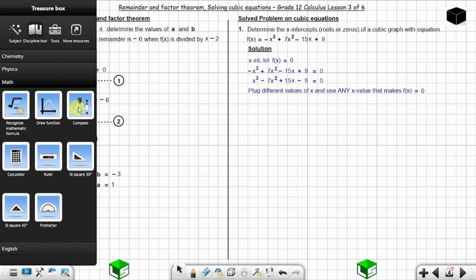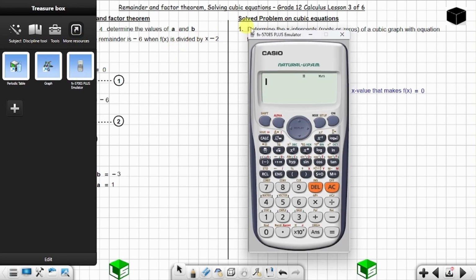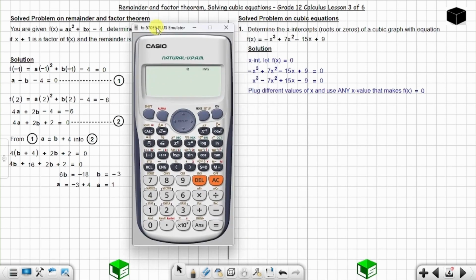Let me use my calculator. So I'm going to plug -1 wherever I have x. So -1 to the power of 3 minus 7 times -1 to the power of 2 plus 15 times -1.